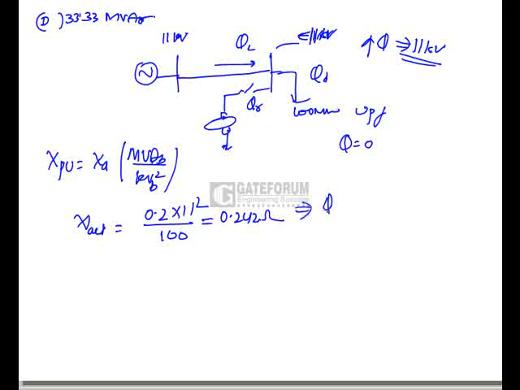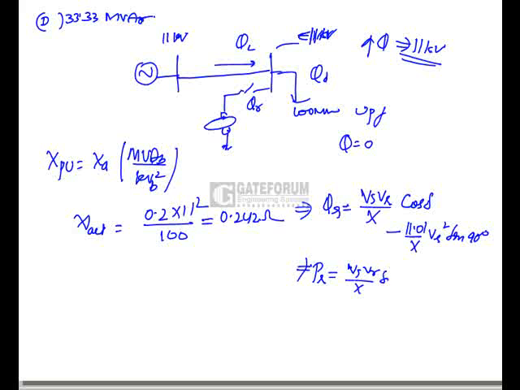From this I can find QR is equal to Vs into VR by X into cos delta minus 1.0 by X VR square into sine 90 degrees. And PR is equal to Vs VR by X into sine delta minus 1.0 by X into VR square into cos 90, which is 0.